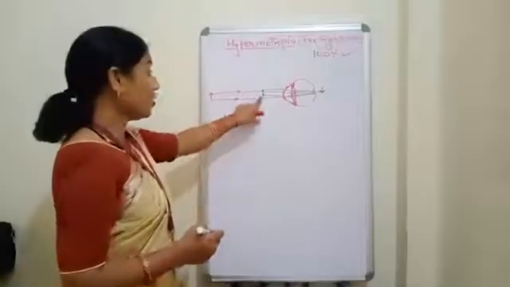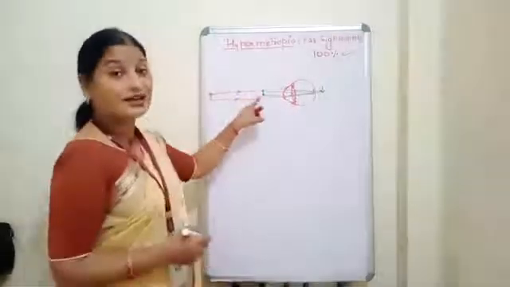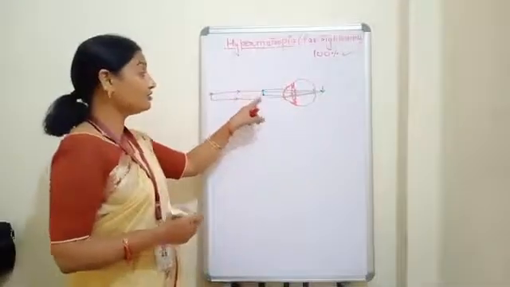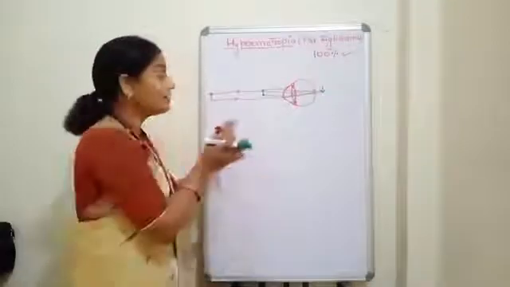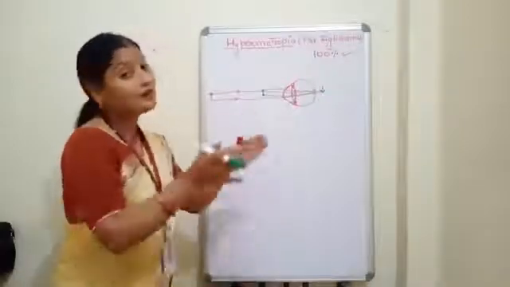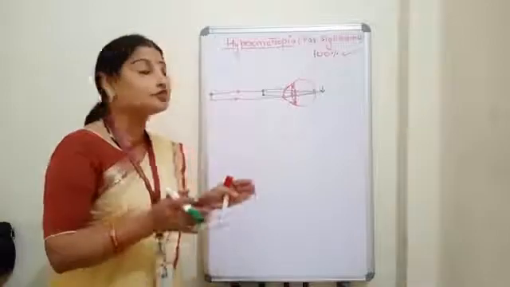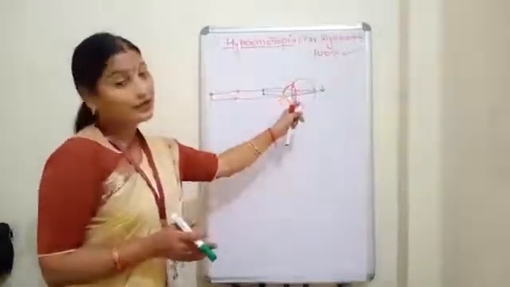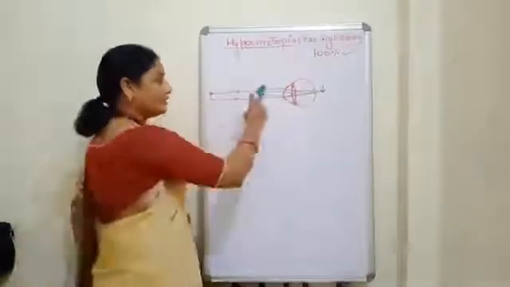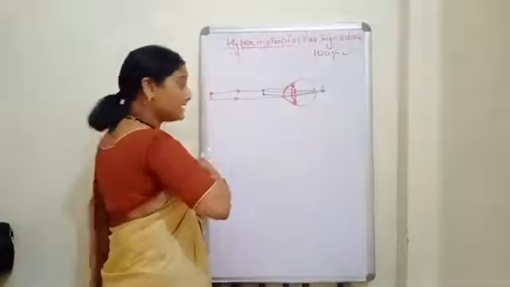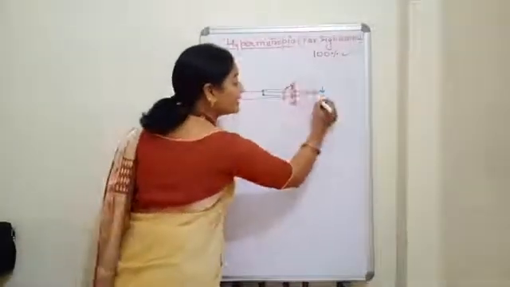The object was kept near us, so the rays which were already diverged, when they enter the eye, were only a little converged by the lens. Then the rays of light meet behind the retina.